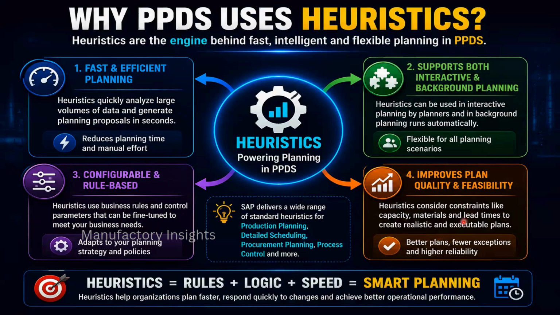So heuristics consider planning parameters, lot sizes, lead times, resource constraints, and scheduling requirements. This allows planners to react quickly to changes in demand while maintaining planning stability.